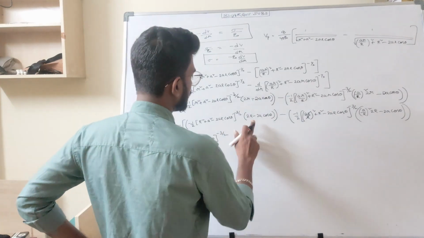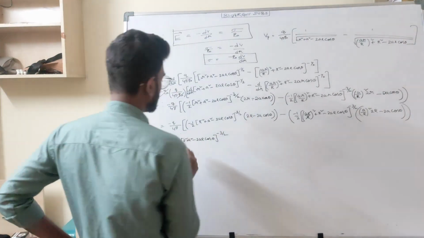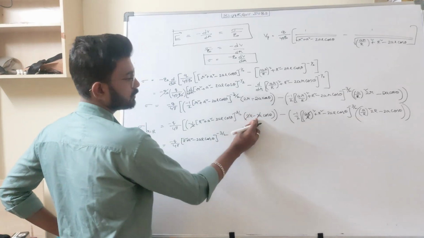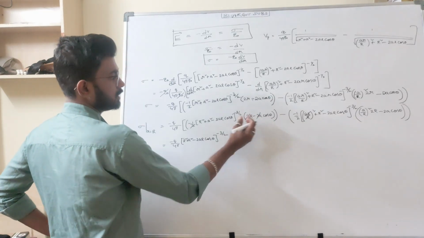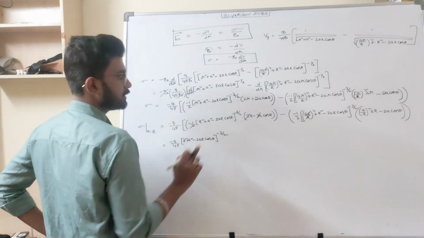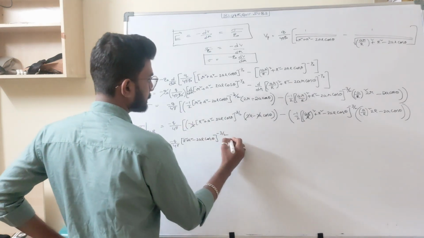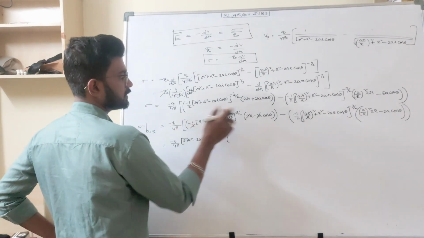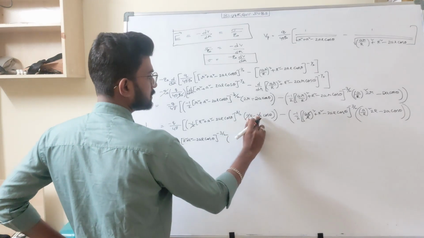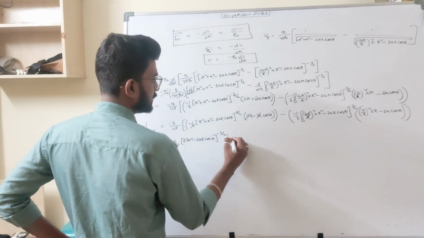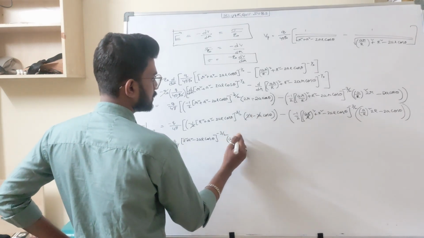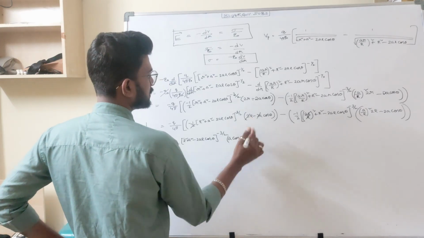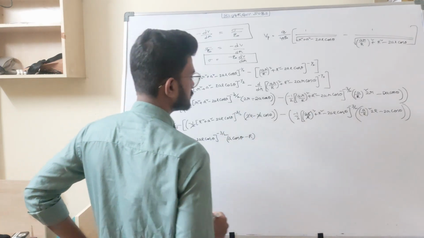So finally what I will get? 2r minus 2a cos theta. If I take 2 common from this term, this denominator will cancel with the numerator. So minus, if you multiply minus with the inside, minus a cos theta will become plus a cos theta, plus r will become minus r, correct.